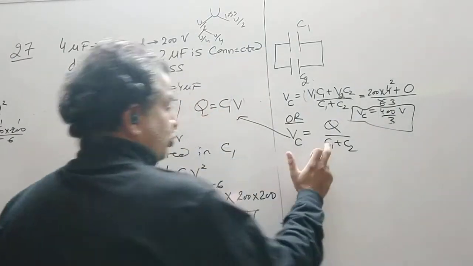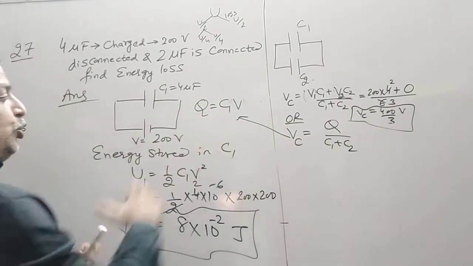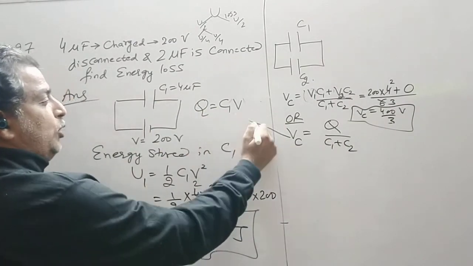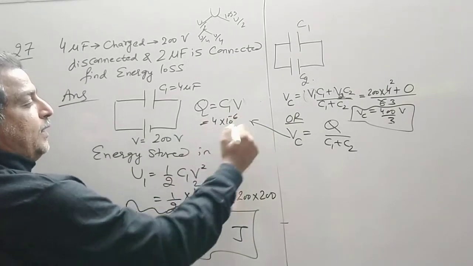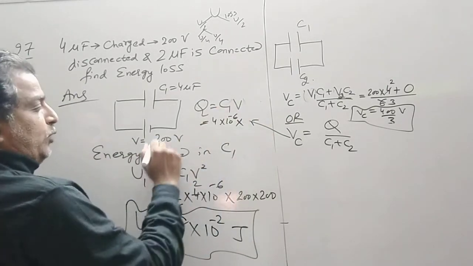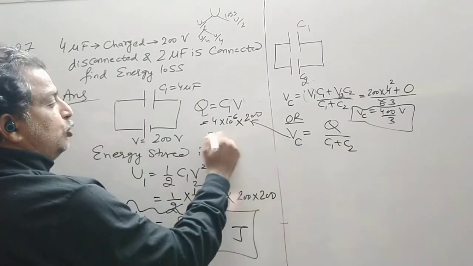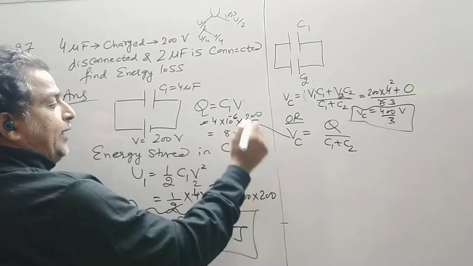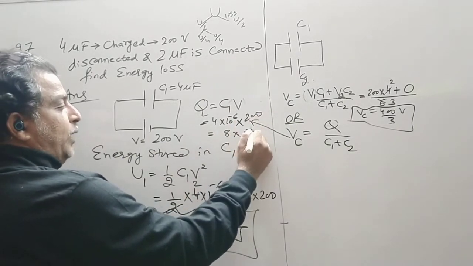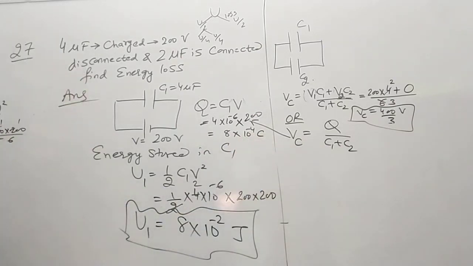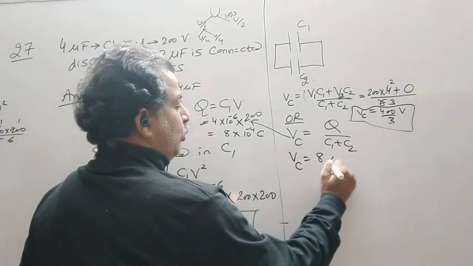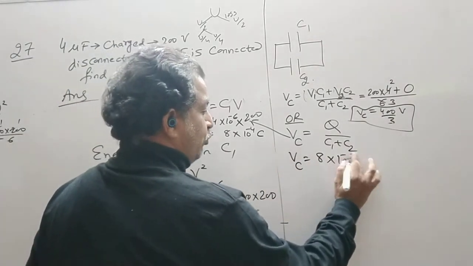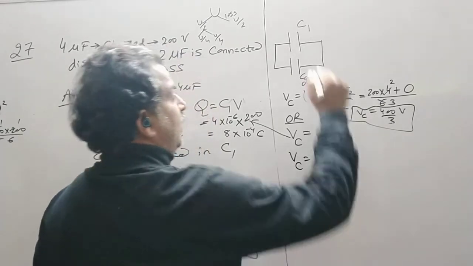Or if I am using this concept, I have to find out Q. So Q is equal to C1, that is 4 micro, 4 into 10 raised to minus 6 into voltage. Voltage was 200, so it comes out to be 8 into 10 raised to minus 4 coulomb. Now I substitute this value. Common potential is equal to 8 into 10 raised to minus 4 coulomb divided by 4 plus 2.